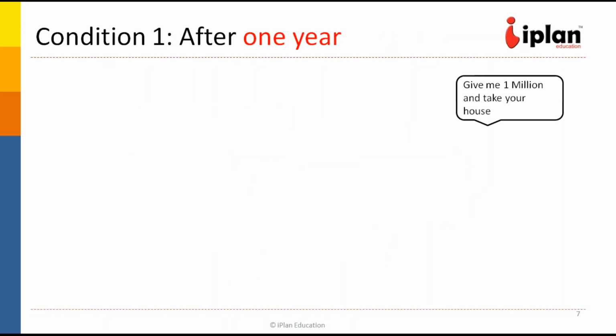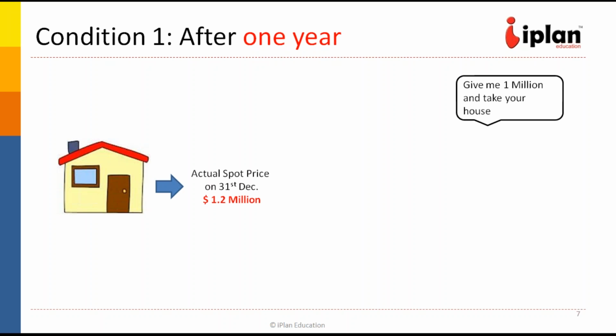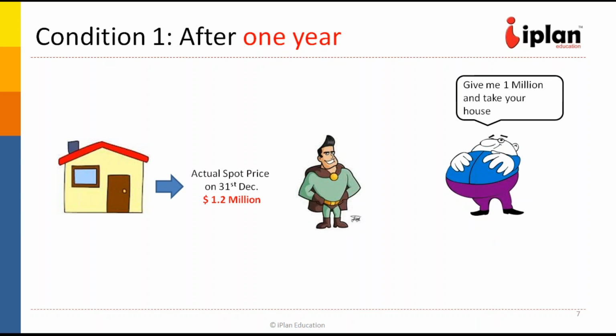After 1 year, what happens? Let's say the spot price in the market goes to 1.2 million on 31st December. The seller comes and says, give me 1 million and take your house. You have already paid 0.1 million, that is 10%, 100,000 as advance.